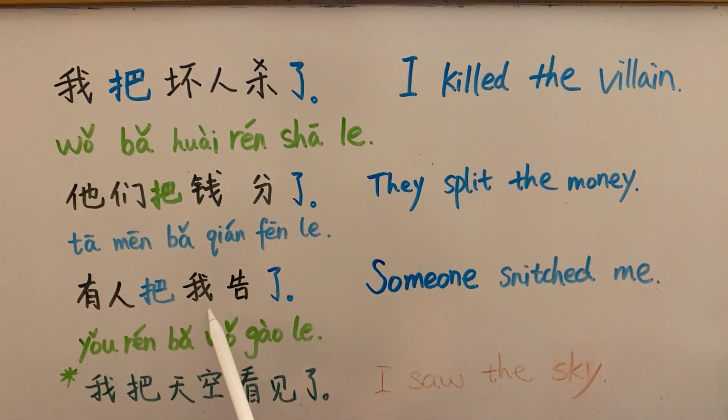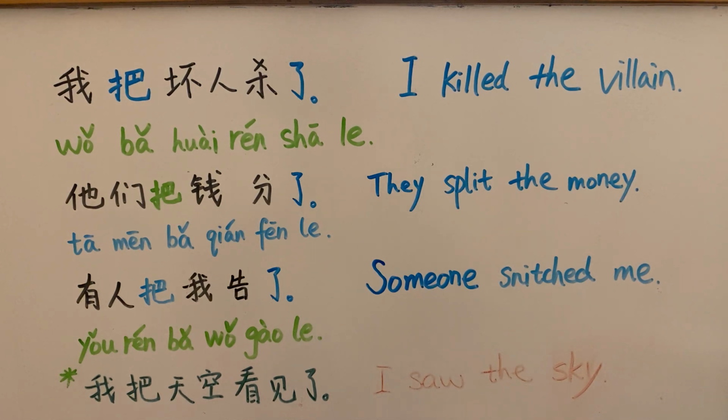And 我 can be seen as an object which is affected or influenced by the subject, someone. 有人把我告了. Who told on you? Someone. 有人把我告了.